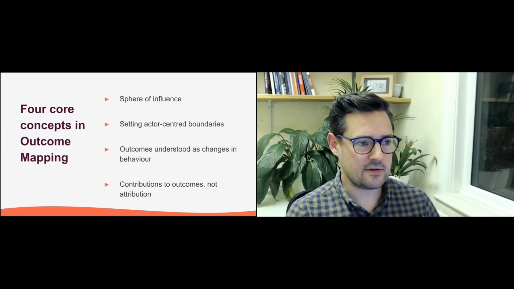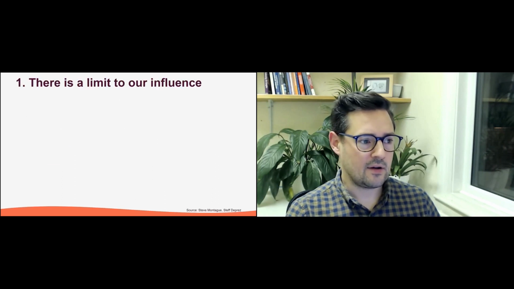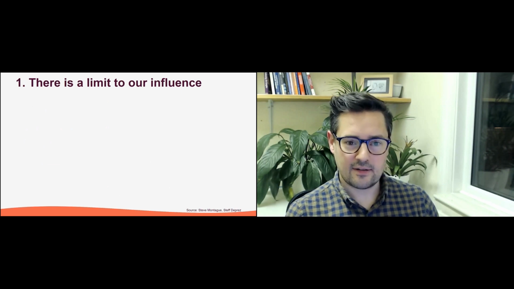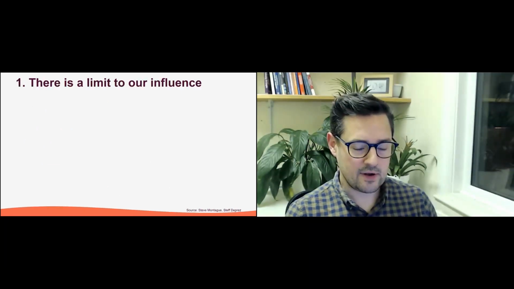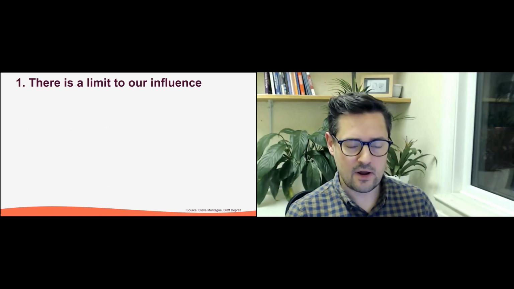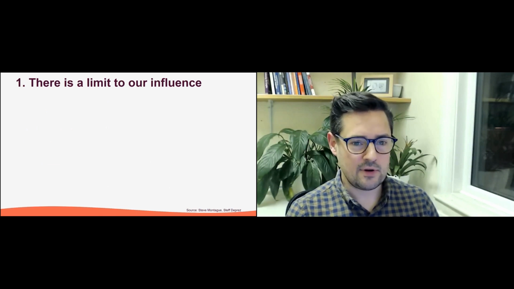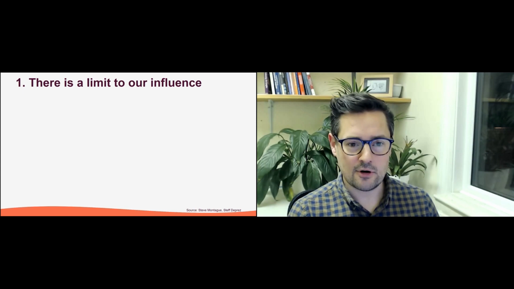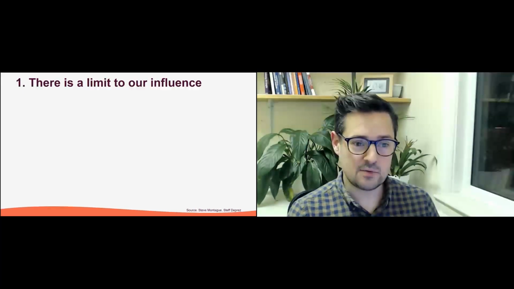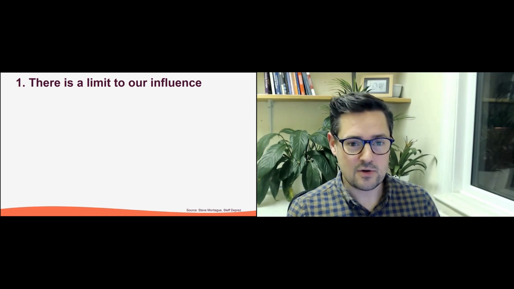The first one is that there is a limit to our influence, and we call that the sphere of influence. To construct that for you, we use the idea of three nested spheres that come from Steve Montague's work from way back in 2001 and were used first in outcome mapping by Steph Dupre.